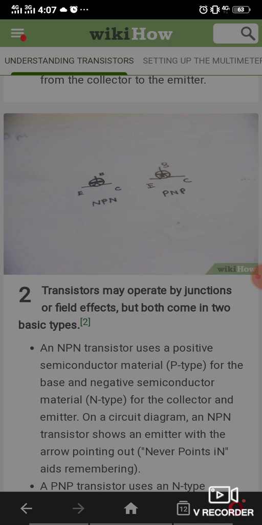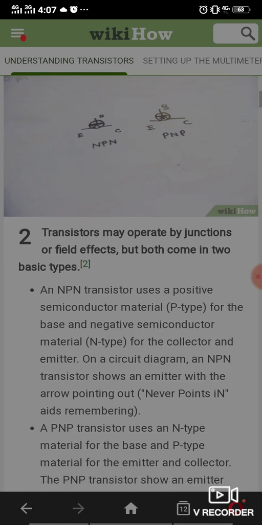An NPN transistor uses a positive semiconductor material, P-type, for the base and negative semiconductor material, N-type, for the collector and emitter. On a circuit diagram, an NPN transistor shows the emitter with the arrow pointing out.